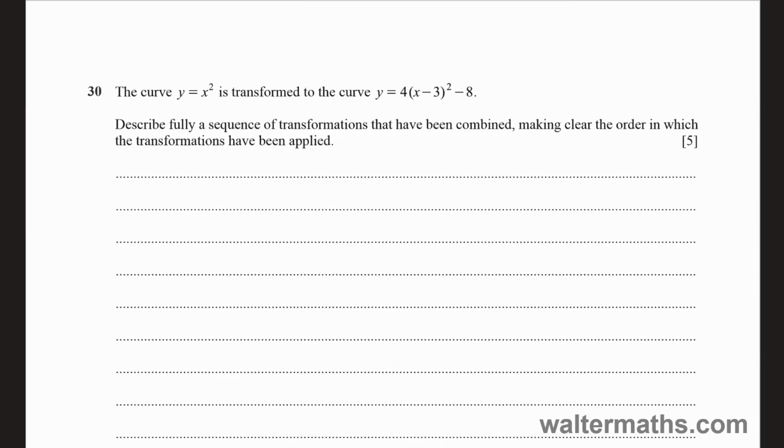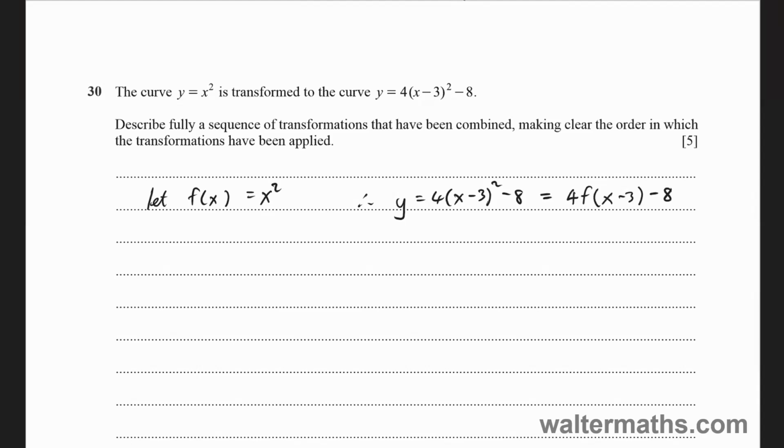Describe fully a sequence of transformations that have been combined, making clear the order in which the transformations have been applied. All right, so I'll start by saying let f(x) be equal to x squared, which therefore means that the equation y = 4(x - 3) squared - 8 is in function notation equal to 4f(x - 3) - 8.